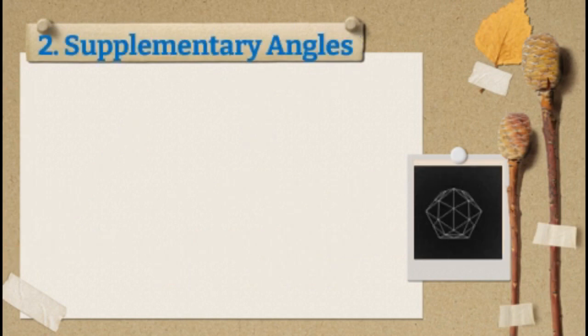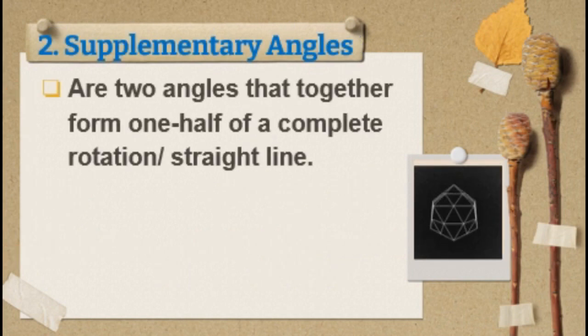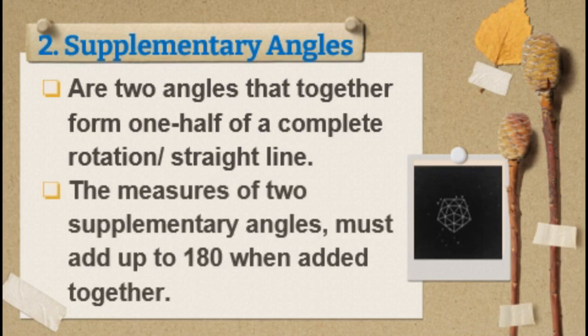Next, supplementary angles are two angles that together form one half of a complete rotation or a straight line. The measures of two supplementary angles must add up to 180 when added together.